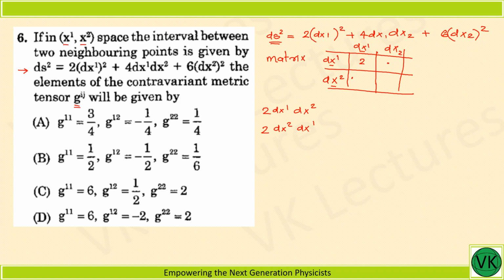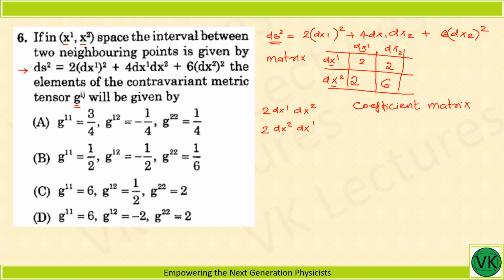The last one, dx2 dx2, has coefficient 6. Due to this reason this matrix is also called the coefficient matrix.